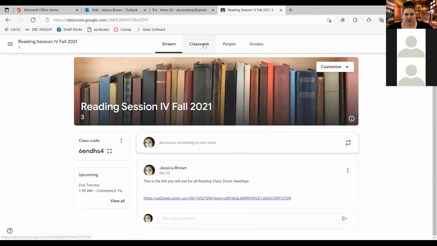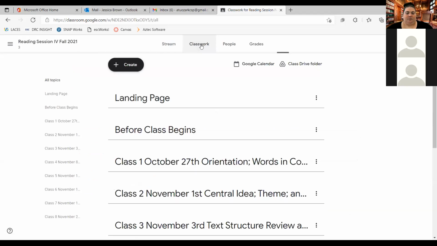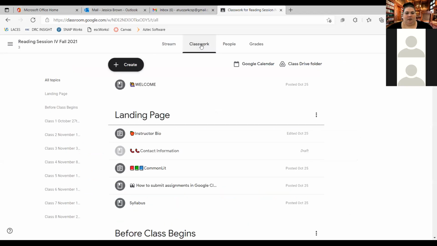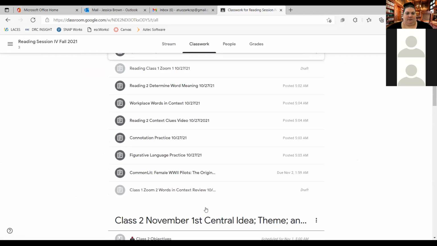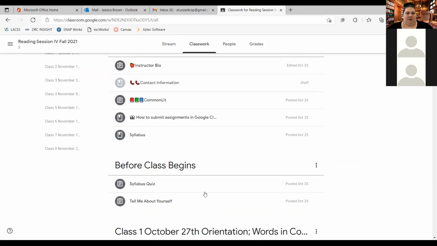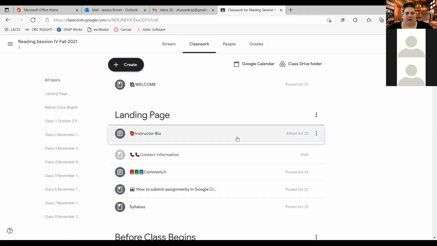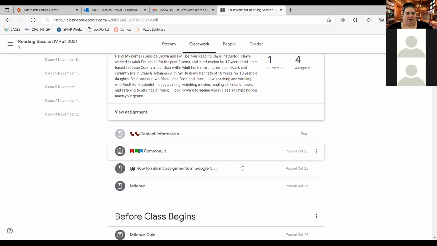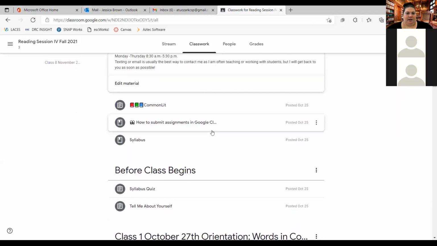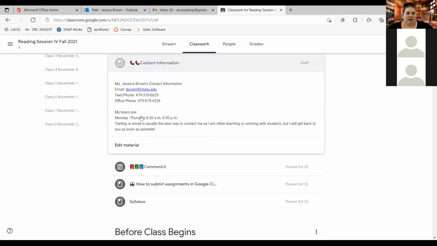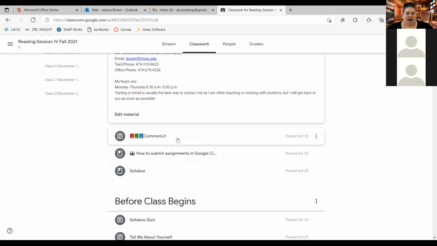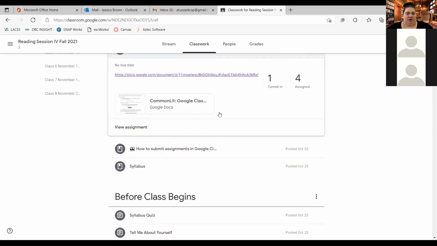If you look up here in this menu, you'll see classwork. If you click on classwork, you're going to see all of your assignments, and you're going to see a few things in there for today on your view. So you'll see the landing page. It's going to give you my instructor bio, my contact information, my hours. I've got a couple of things in here, instructions for Common Lit.